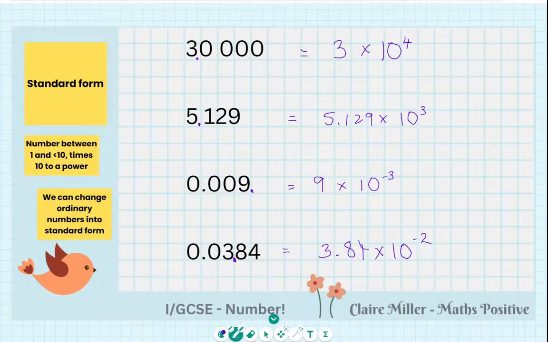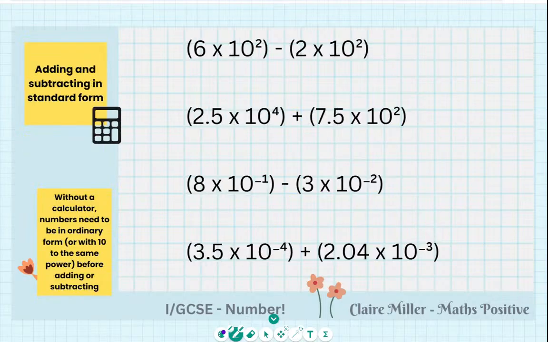Fantastic. So that is standard form and converting numbers between standard form and ordinary numbers. You'll find that sometimes when you do calculations with your calculator, you'll end up with an answer in standard form if that is easier for the calculator to display, basically.